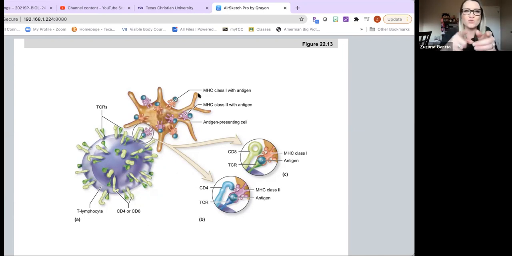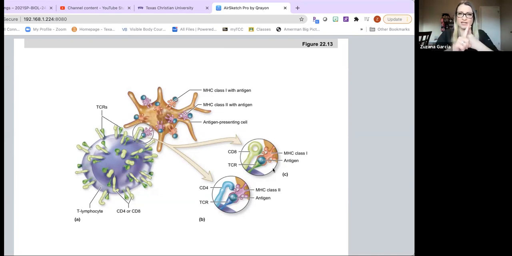The MHC class 1 molecule on a regular cell will interact with the cytotoxic T lymphocyte, okay? An MHC class 2 molecule on the antigen presenting cell will interact with the helper T lymphocyte.